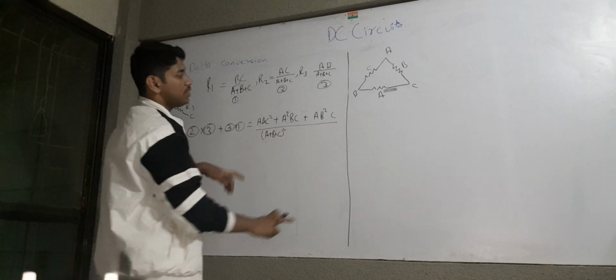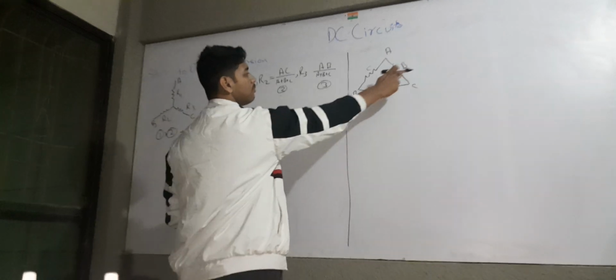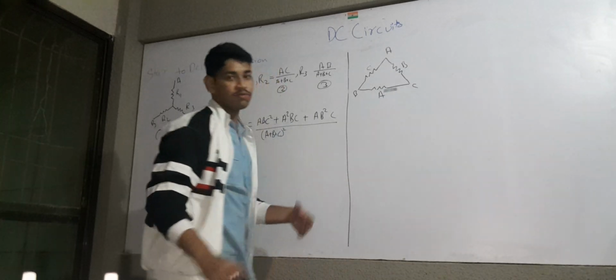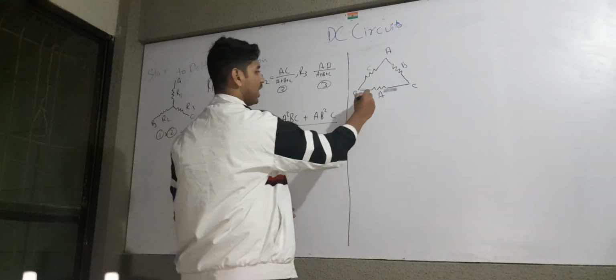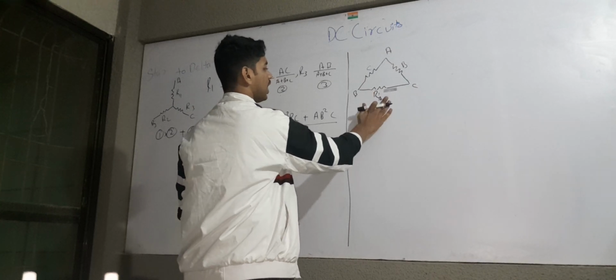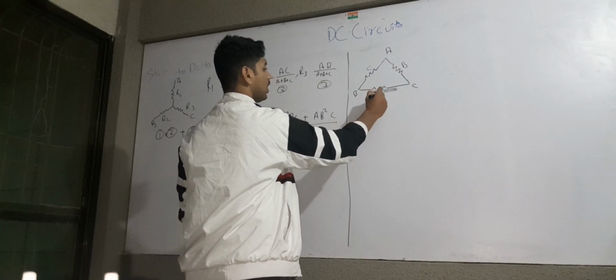Notice that these resistances have value a, b and c, as these points are a, b and c. Since it would take a lot of space to write R subscript a, I have just written a here.